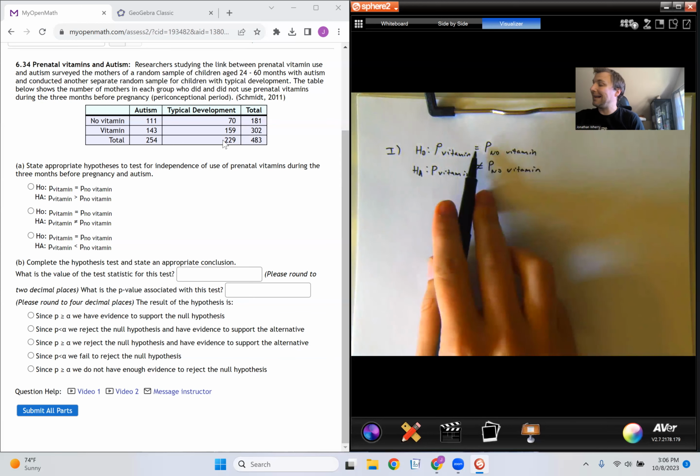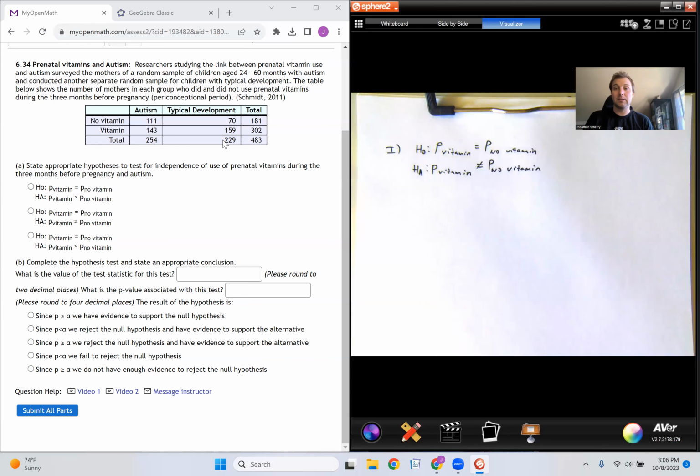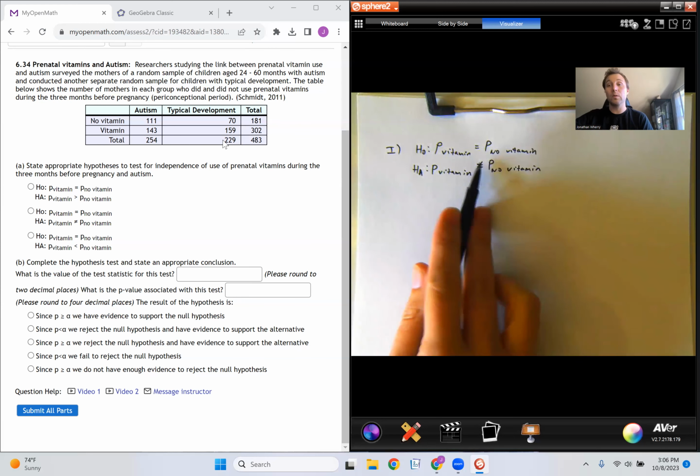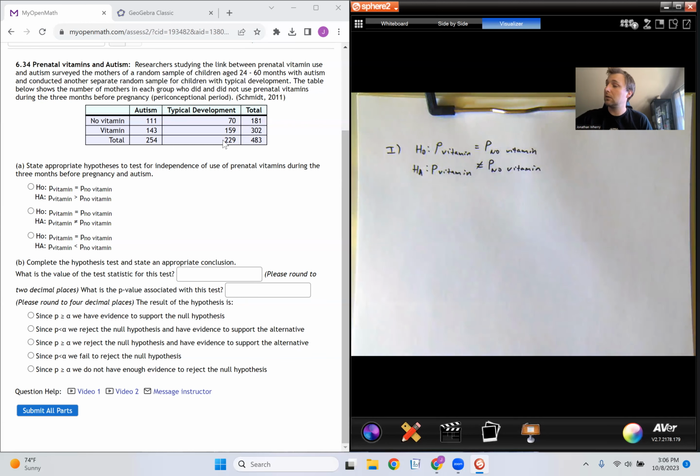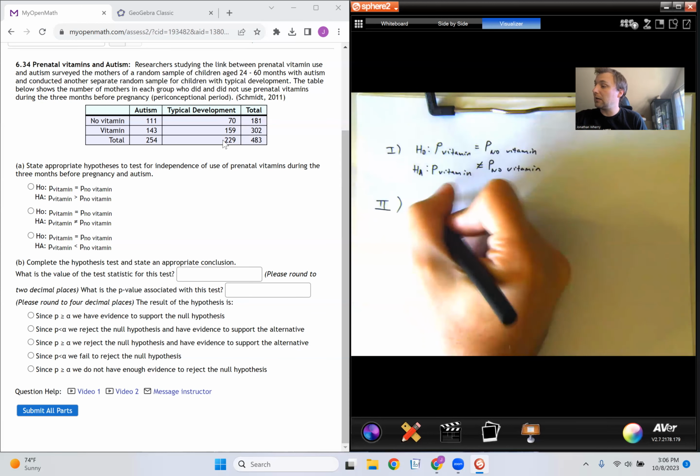Whenever I'm doing a chi-squared test, I'm always testing for some sort of a difference. The test itself ends up being a right-tailed test, but it is always testing for a difference. The model I'm going to be using here is chi-squared.